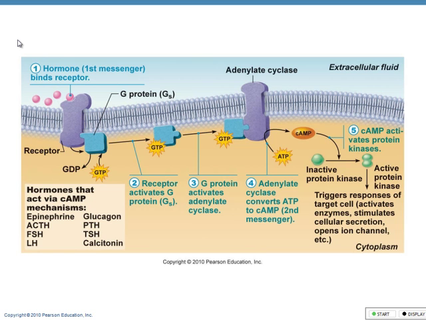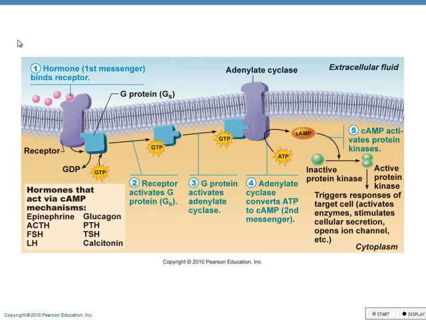GDP, guanine diphosphate, changes with the help of some energy phosphorylating it to GTP. And that's what's going to kind of give that little G protein a kick. So just like we talked about last chapter, that G protein is going to be on the move.